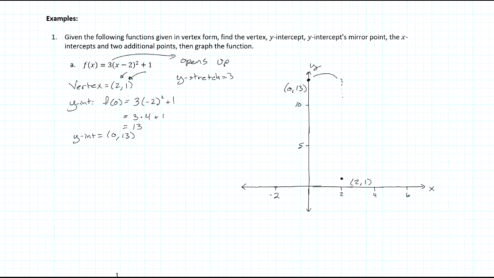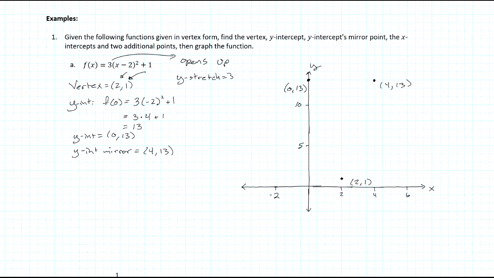So if I take this point and reflect it over that, then it'll be out here. This is the point 4, 13. So there's our y-intercept mirror. The y-intercept mirror is the point 4, 13.